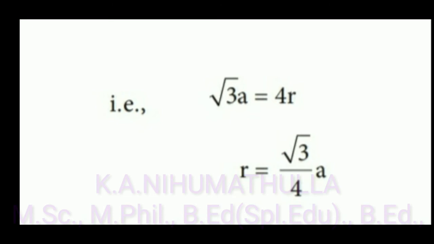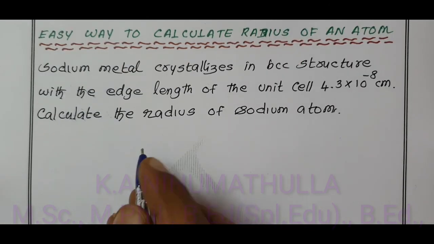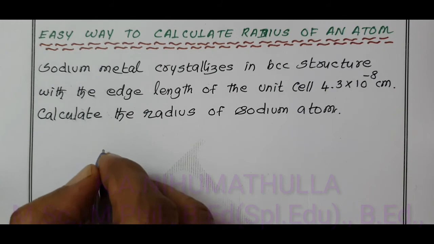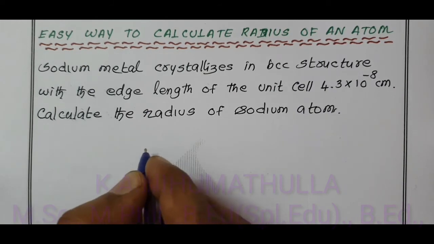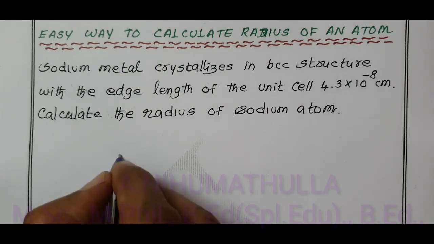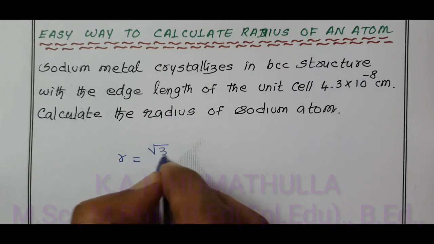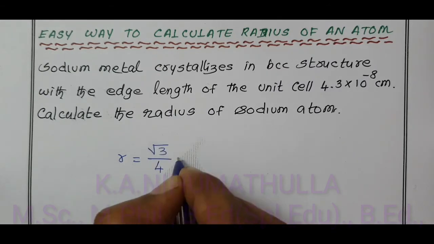We know the edge length value a. By knowing a, we can calculate the radius of an atom. In a body centered cubic lattice, the radius is related to the edge length by the formula r equals root 3 by 4 into a.